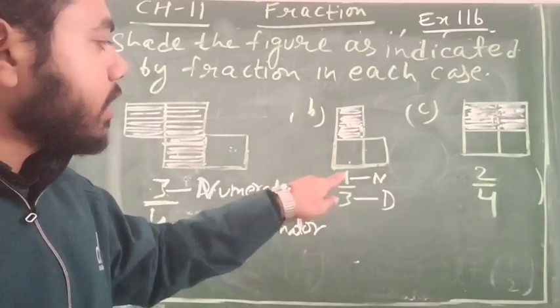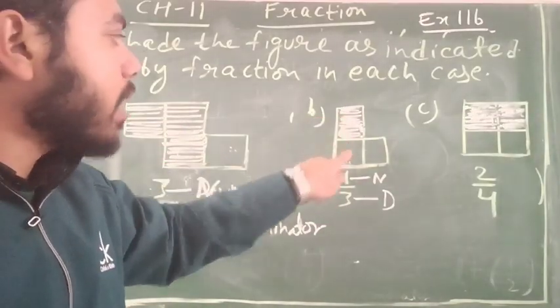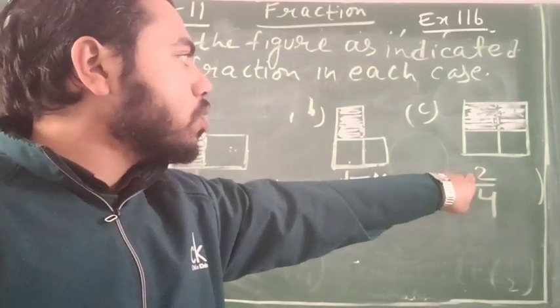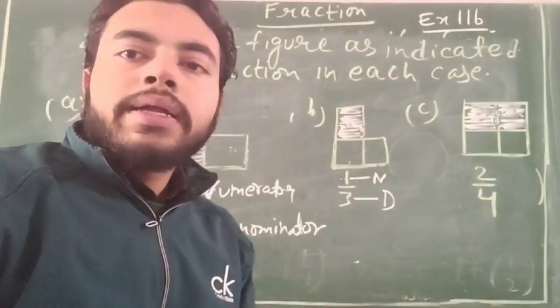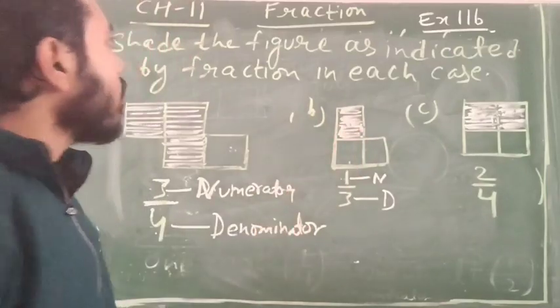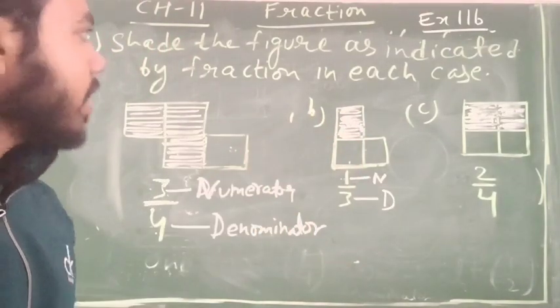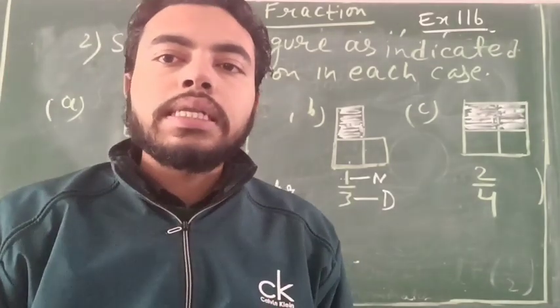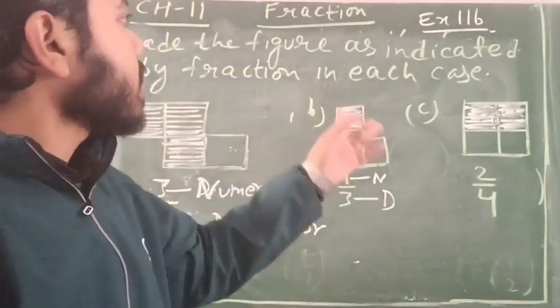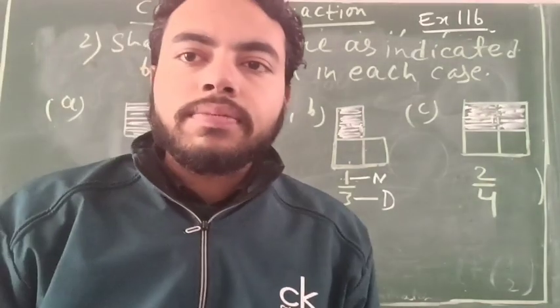In this the numerator is 1, so you have to set 1 part. In this the numerator is 2, so you have to set 2 parts. So these were all about exercise 11B, and I hope you have easily understood exercise 11B. Okay, thank you.